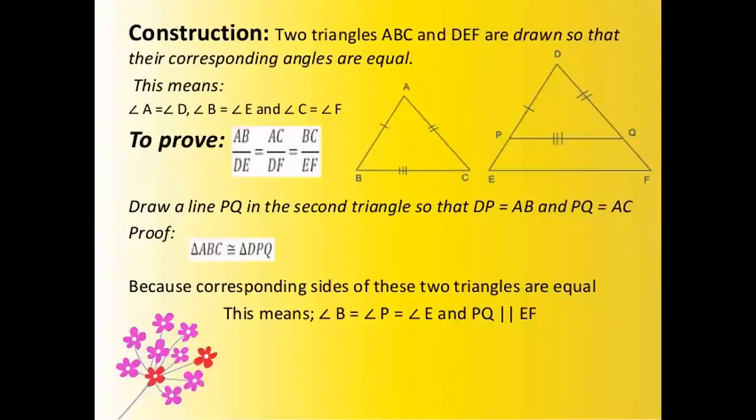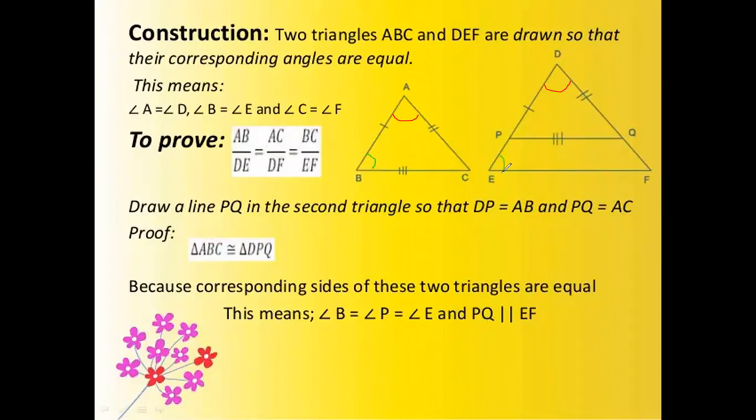Now take a look at that example. Two triangles, triangle ABC and triangle DEF. So that we can say that they are congruent or similar triangles, we consider the angles. This angle corresponds with this angle, and this angle corresponds also to this angle.